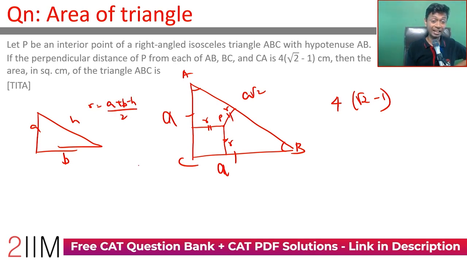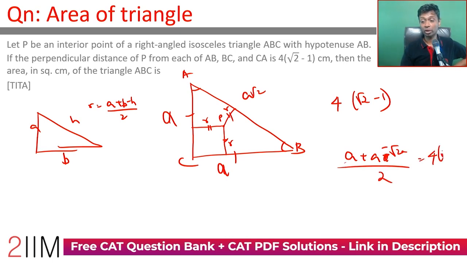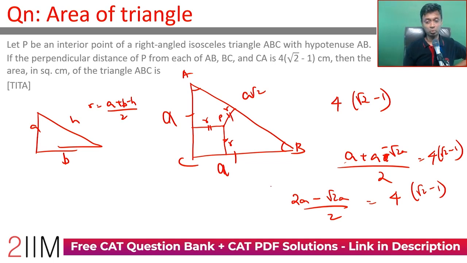When we choose a right isosceles triangle with hypotenuse A root 2, A plus B minus H by 2 is 4 times root 2 minus 1. Or 2A minus root 2A by 2 is 4 times root 2 minus 1. I want to contrive a root 2 minus 1 here.